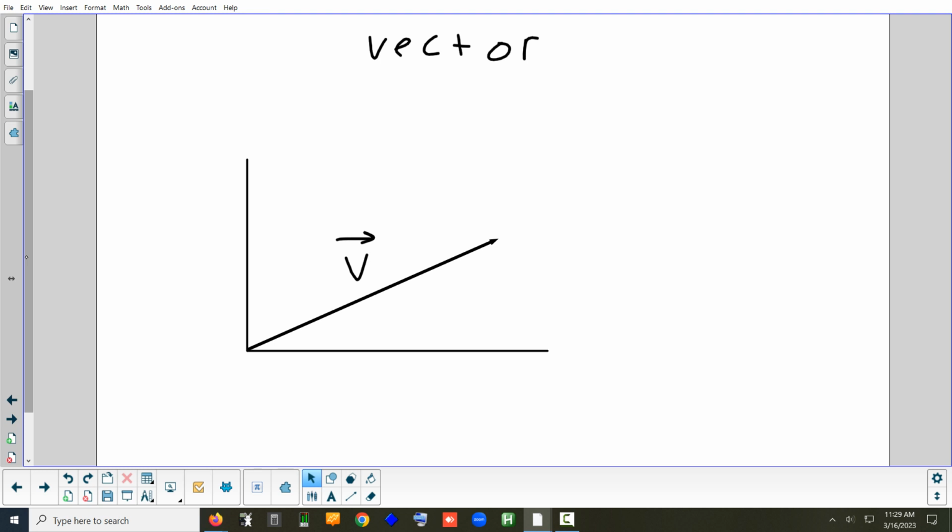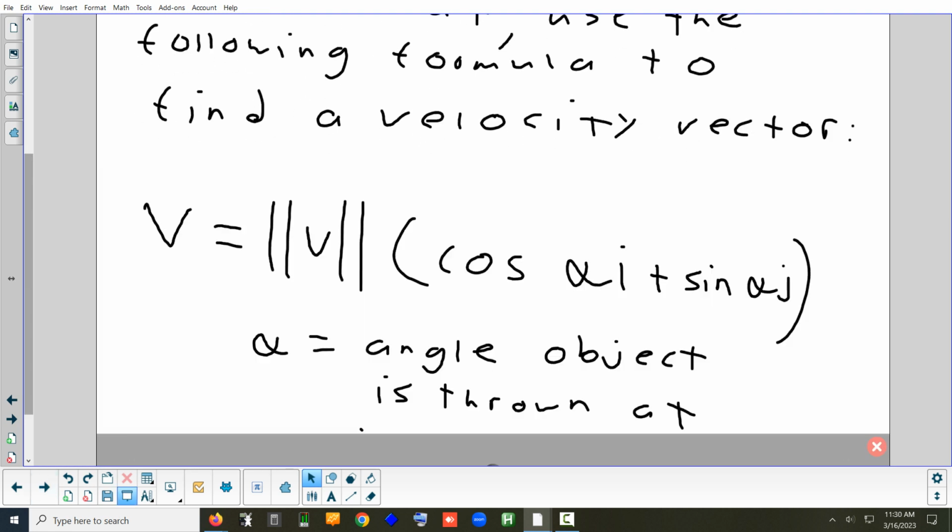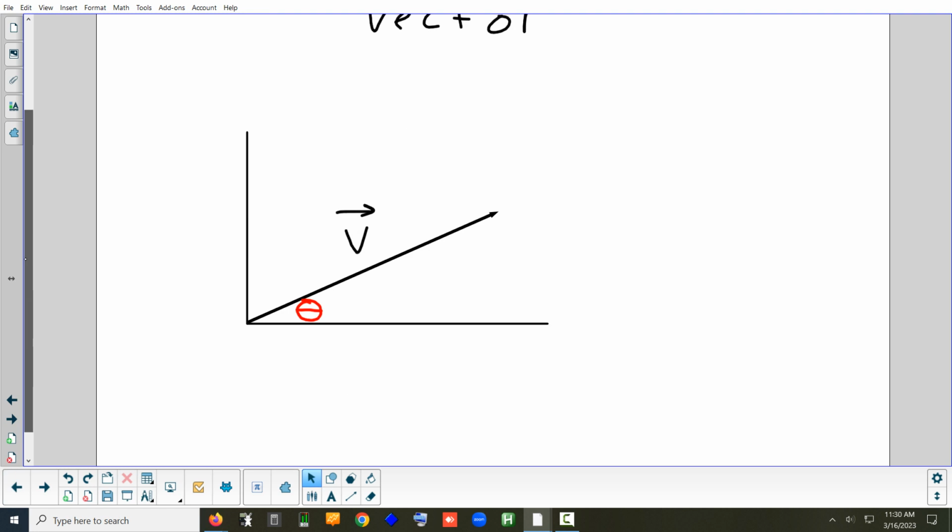Yeah, if we knew an angle. We're going to know an angle from the horizontal. I just want to make sure I use the right Greek letter. It doesn't really matter. Okay, I'll use alpha. So let's use alpha. Alpha is the angle that the object is thrown at. That's one thing that's going to affect it.